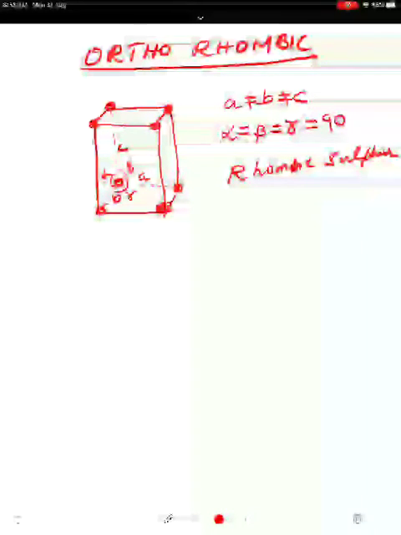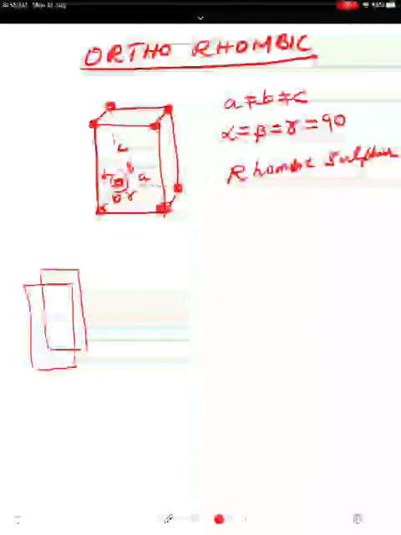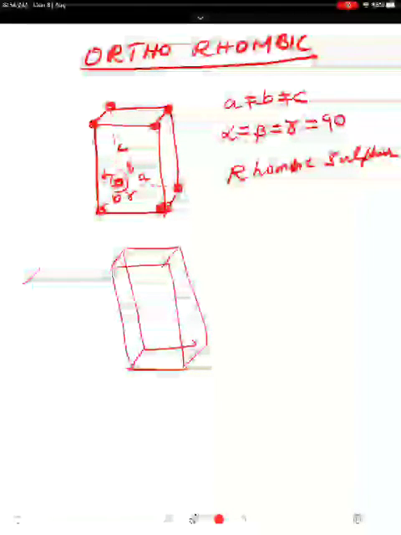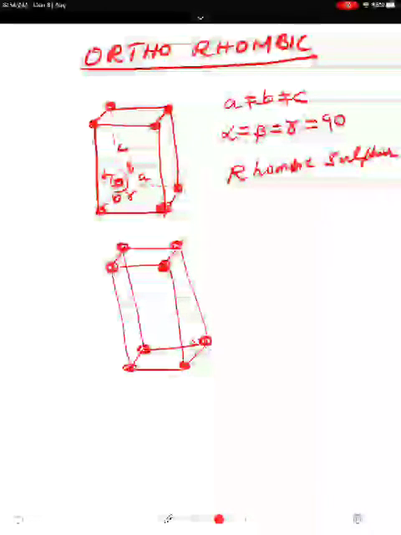So I can show primitive. In addition to the corners, if you have one at the center, then we call it body centered.